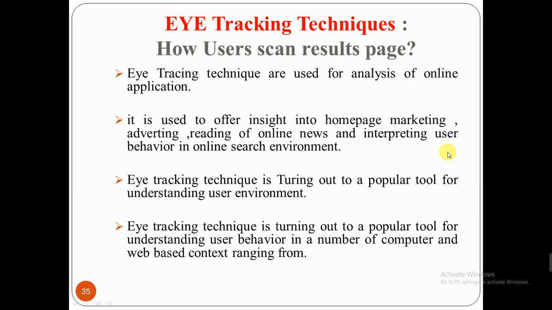So eye tracking is a technique used for analysis of online applications. Eye tracking is one type of application which can be used to analyze any application. Whatever the application is, you can use it. It is used to offer insight into home page, marketing, advertising, reading of online news and interpreting user behavior in an online search environment.